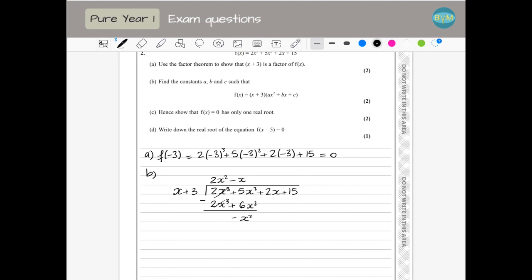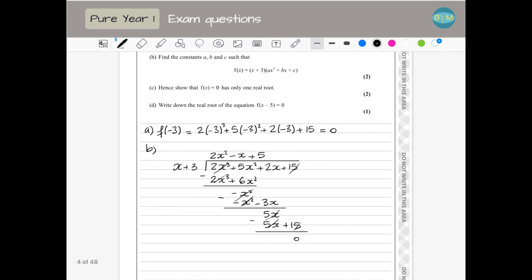I multiply, and I have minus x squared minus 3x. Subtract. These two cancel, and then I have 5x. Divide again, so plus 5. Multiply: 5x plus 15. Subtract, and I have 0. So this is gone and this is gone.